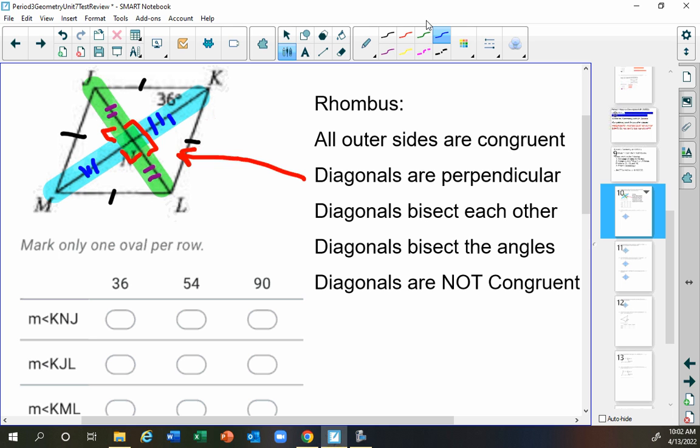Okay, very good. All right, that's a really good start. What you said right here was this angle right here. Besides, this angle is going to be 36. Yup. And then this angle right here. Go ahead, I'm sorry. What were you going to say? Very good.